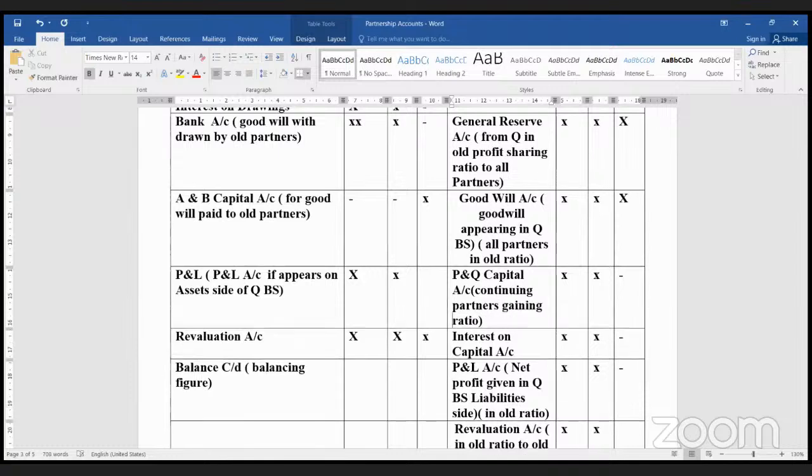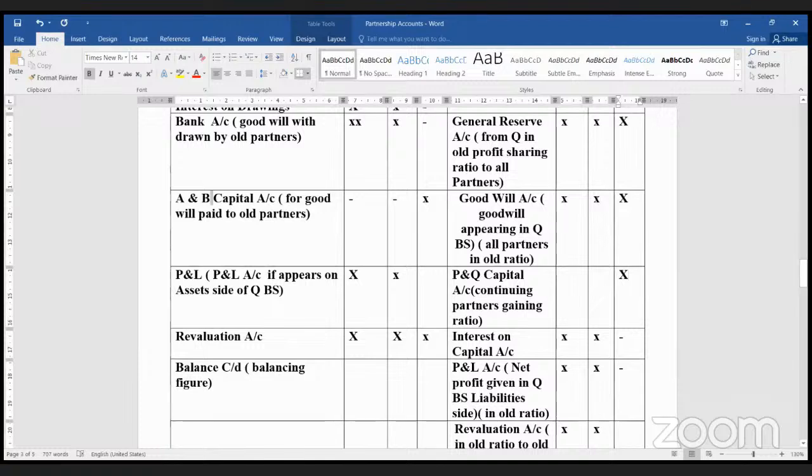Gaining ratio. In the gaining ratio, P and Q pay to the retiring partner. Assume that P and Q are continuing and R is retiring. So to R, P and Q will pay in the gaining ratio.